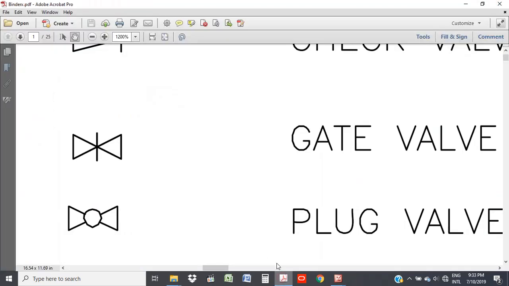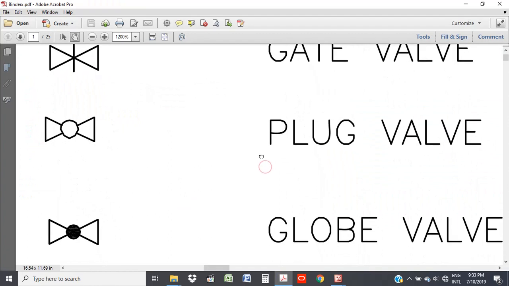And then I would explain what a plug valve is. A plug valve, this is it here. A plug valve is a cone or cylinder shaped valve that uses a rotator inside the valve body to control the flow of fluids. Plug valves have at least one hollow passageway to allow flow through the open valve, most often horizontally.